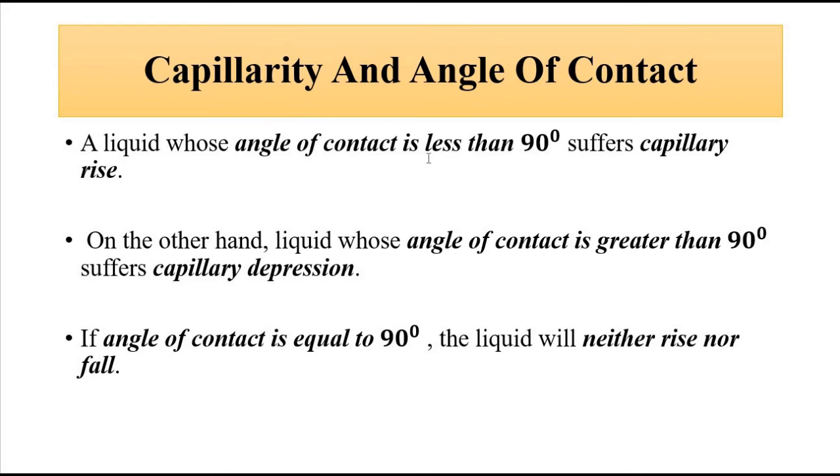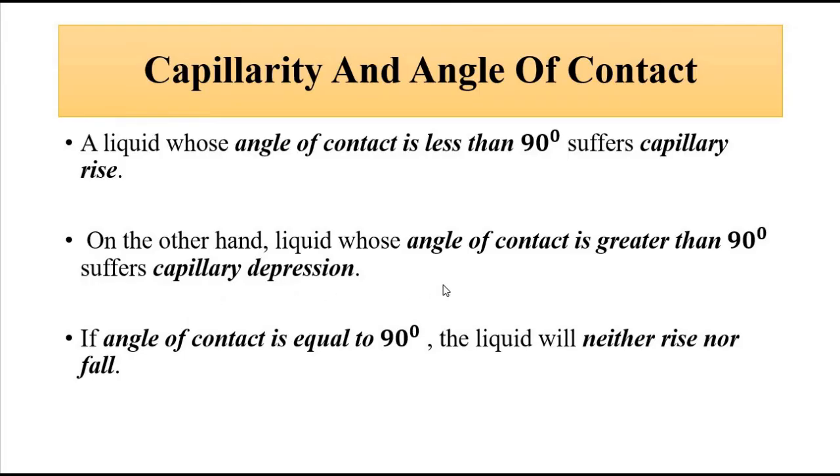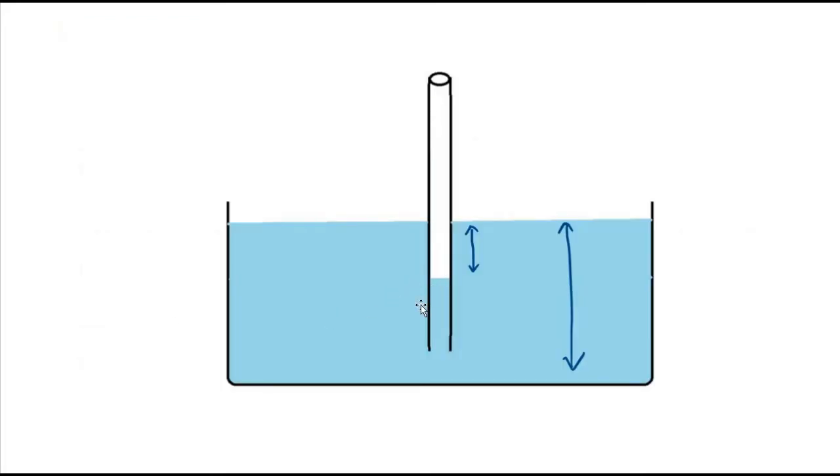So a liquid whose angle of contact is acute, that is less than 90 degree, suffers a capillary rise. Okay, this is a rise above the normal level in the container. Whereas a liquid whose angle of contact is obtuse, that is greater than 90 degree, suffers capillary depression, a fall below the normal level in the container.